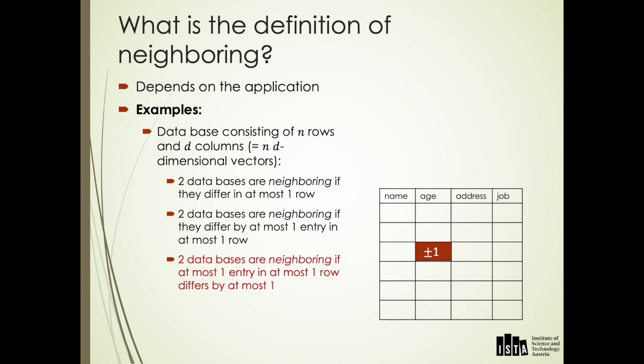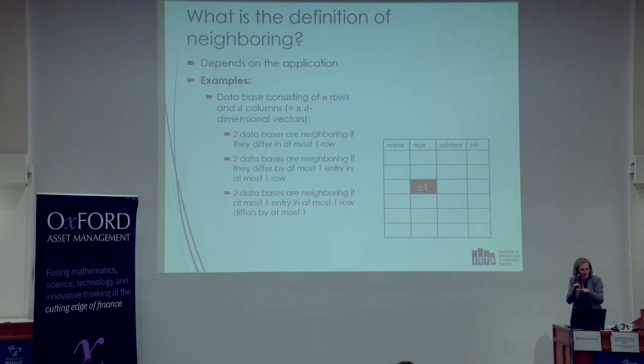As you notice, these definitions of neighboring become more and more specific, and thus the requirements become less and less strict, right? Because you're only required to have very similar distributions if you're neighboring. If you're neighboring here, in this way, you're also neighboring here, and you're also neighboring here, while there are cases where you're neighboring here and not neighboring here.